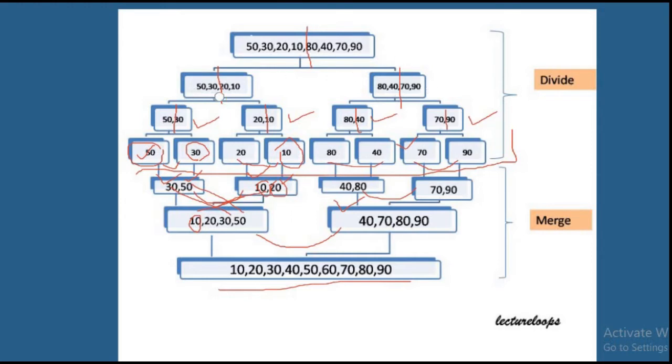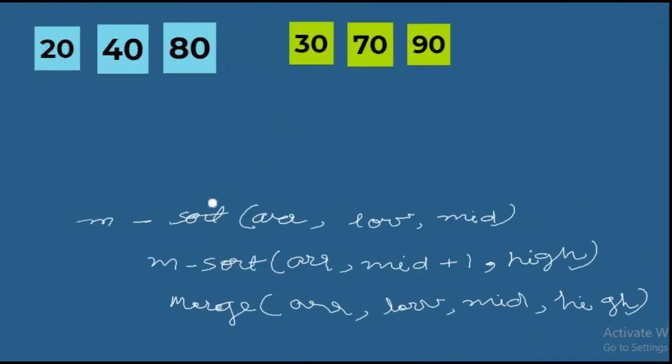Again, if we see this part, then low to mid is the first subarray, and from mid plus 1 to high is the next subarray. So this is the thing that we are trying to do here. This is the basic logic of merge sort.